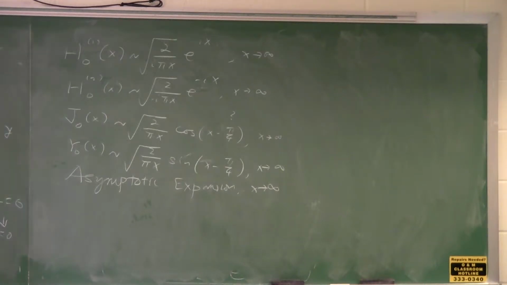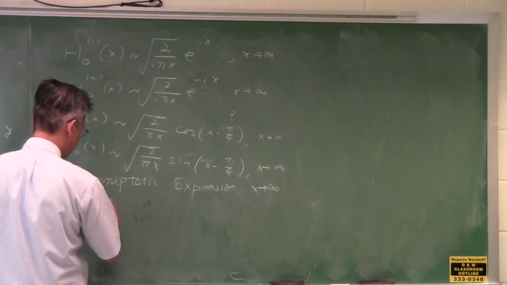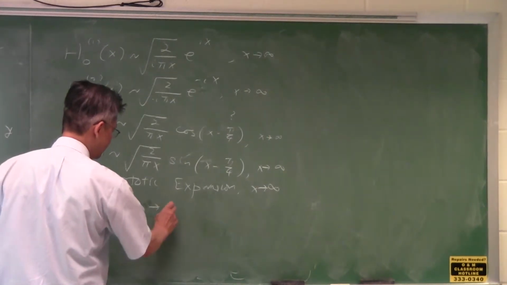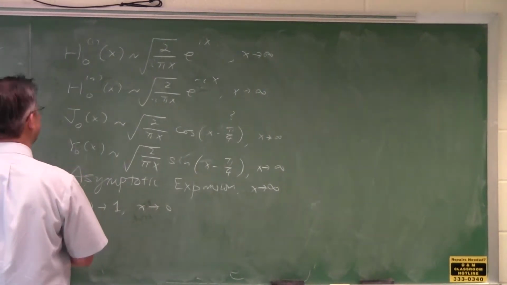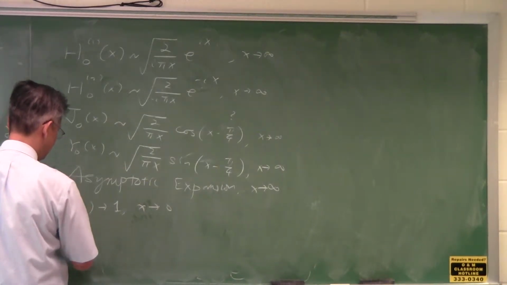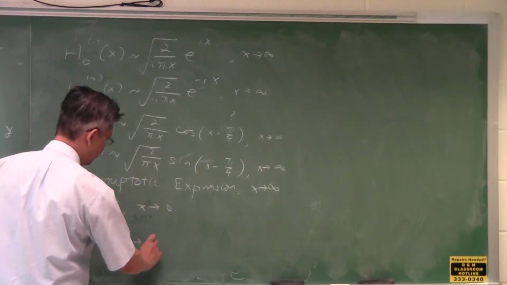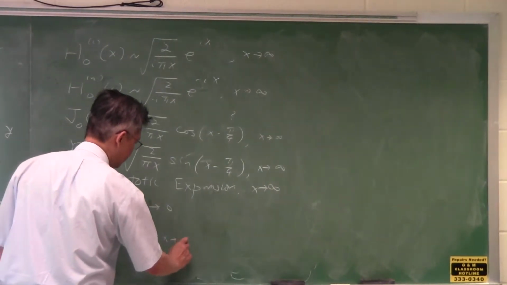And then it has to be reminded that only the first, second, and the fourth one have a singularity. Okay? The third one has no singularity when x goes to 0. Okay? J0(x) tends to 1 when x tends to 0. And then the other ones, H0^(1), H0^(2), and Y0(x), tend to infinity when x tends to 0.